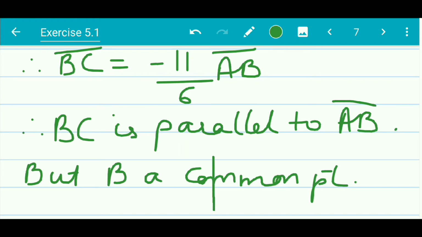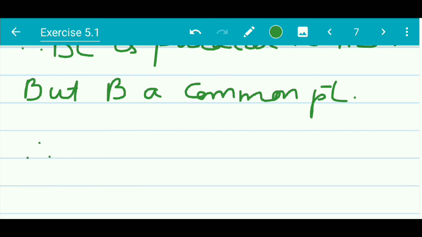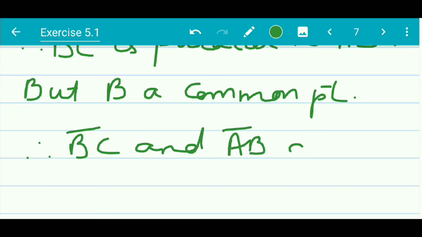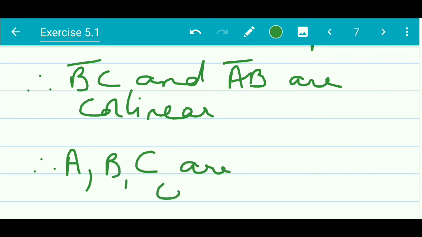Since they have a common point between them, we can say that BC and AB are collinear. They lie on the same line, and thus we can say that ABC are collinear. Therefore, the points A, B, C are collinear.